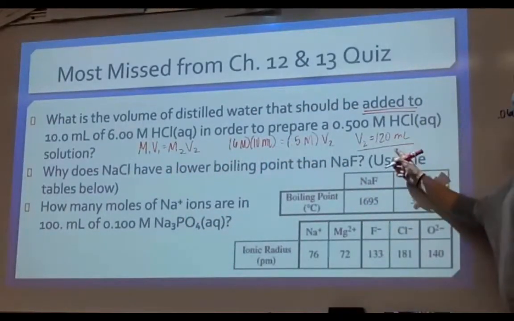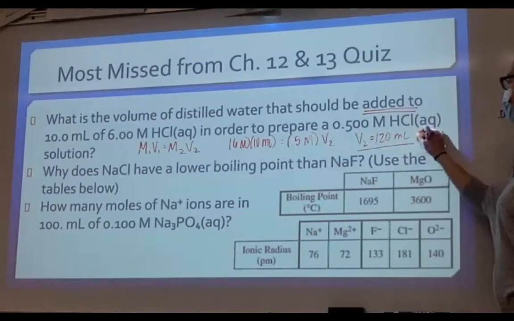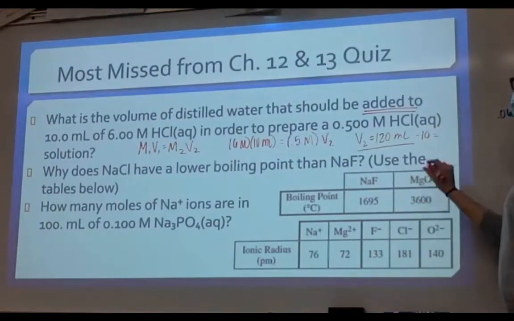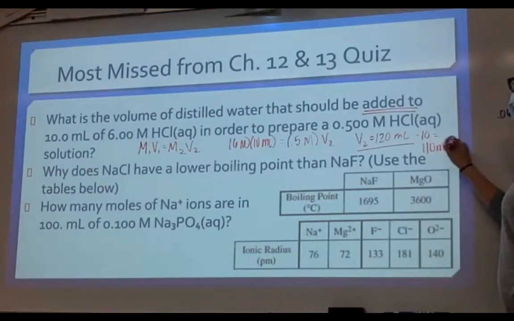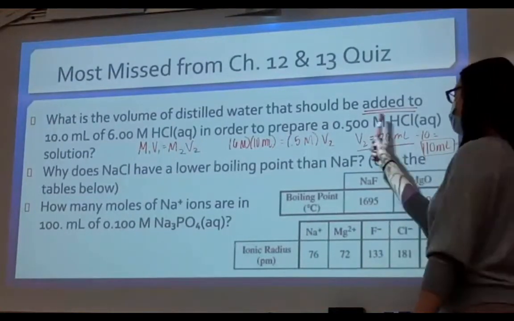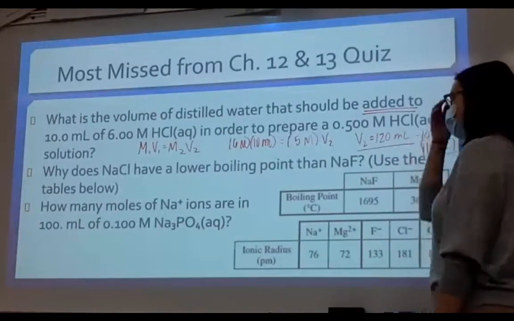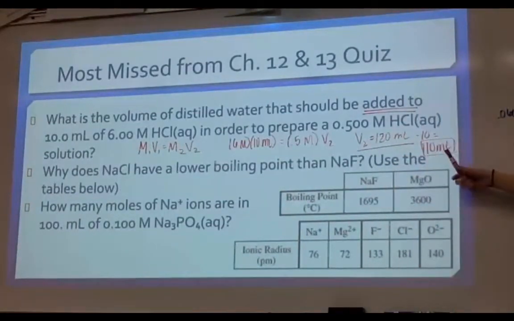So if this is your final solution, that means you need 110 milliliters that is added to 10 milliliters to make the solution. So most people actually chose 120. They knew it was dilution. It was just this added to part of the question.